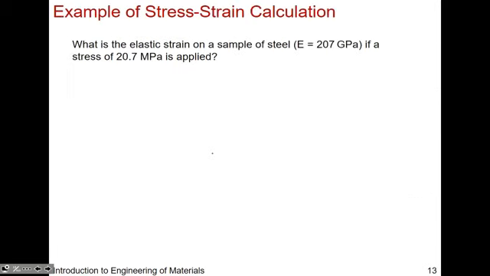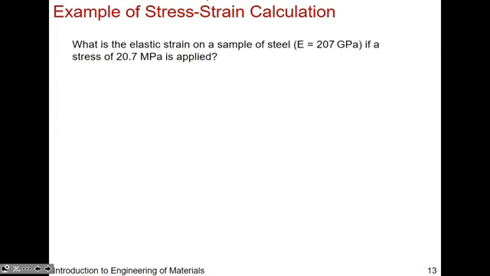So a good example is if we're given a load, some stress that's applied. Here it's 20.7 megapascals, and we know the modulus is 207 gigapascals. So it's some steel.